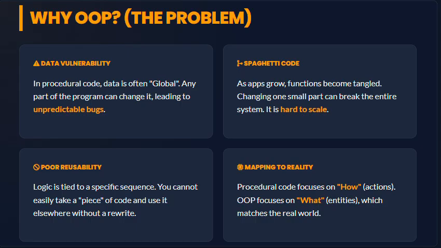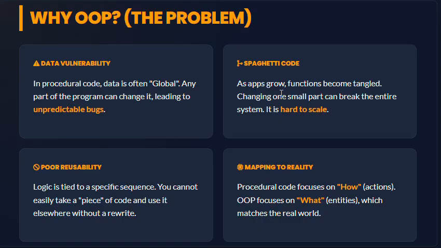So, why did we move away from the procedural style? Because procedural code has a major flaw: data vulnerability. In procedural code, your data is often global. Imagine a bank where anyone can walk in and change any account. That's a nightmare.